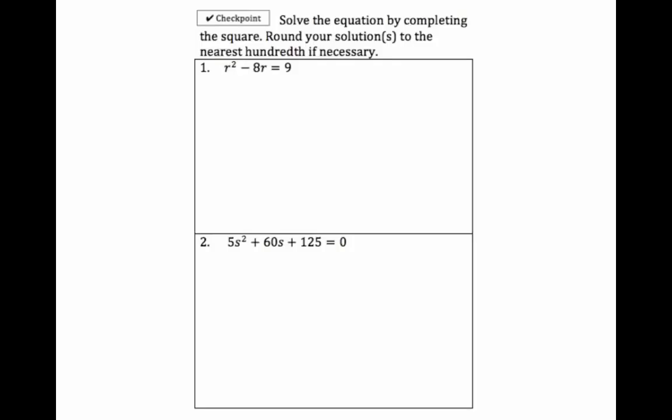Okay. Checkpoint. Pause. Try these on your own. If you want to try one at a time, you can. Okay. Are you ready? All right. So first thing I had to do was identify what C is. I could add that to both sides.